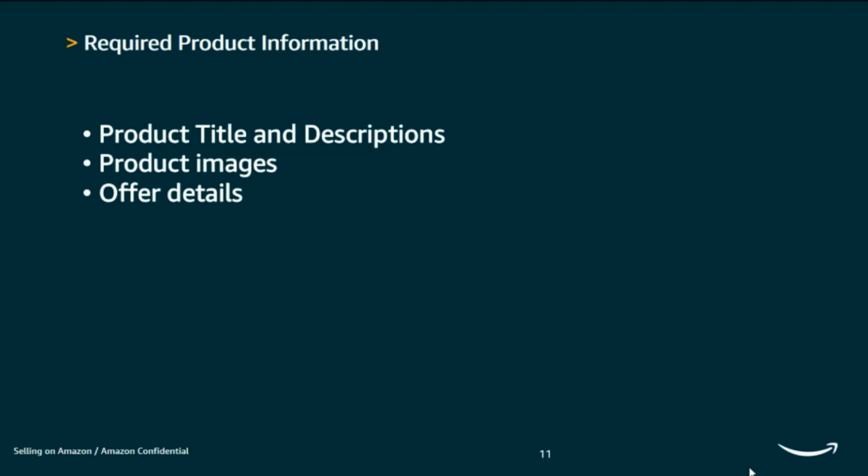Next is offer details. These are your price, quantity, and handling time. Handling time is your estimated time to make the item ready before shipping. In Easy Ship, which we're going to be discussing later, the default handling time is 3 business days.